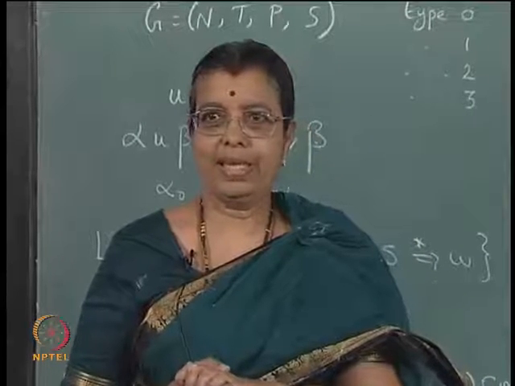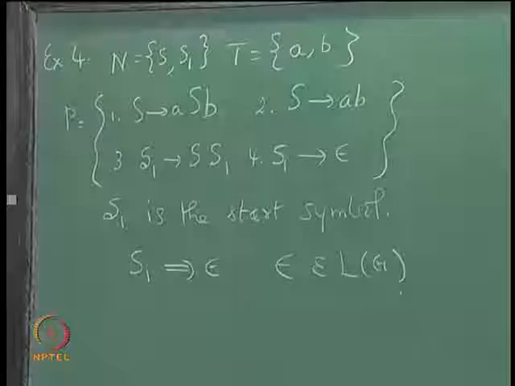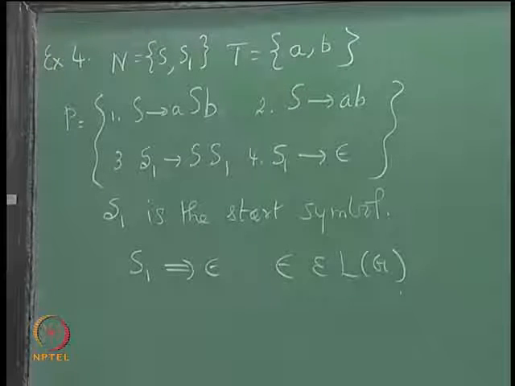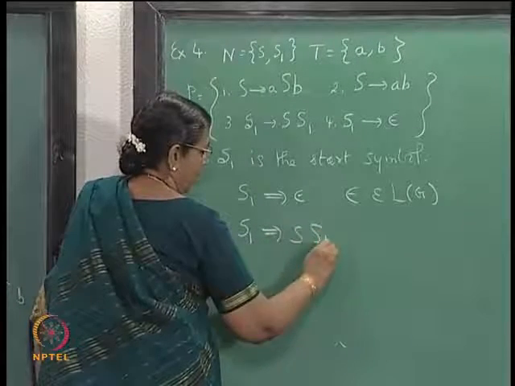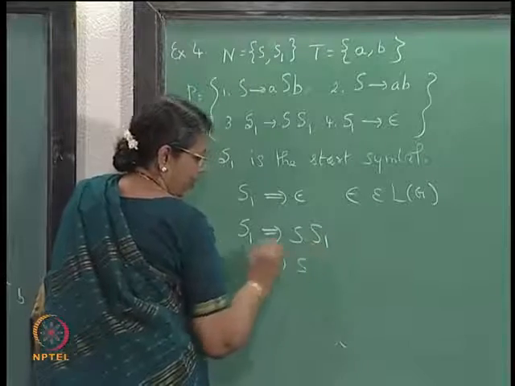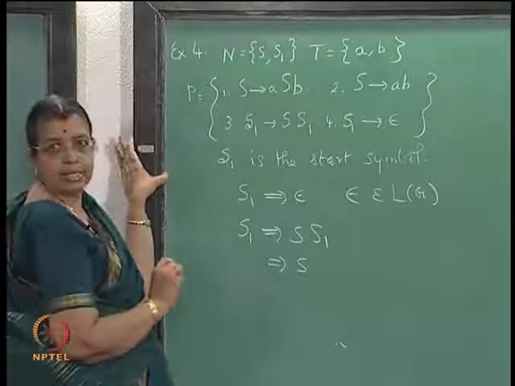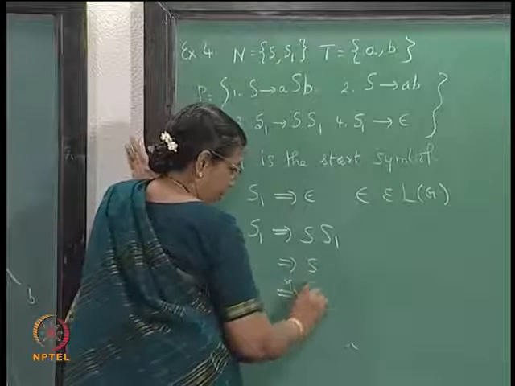Whereas in this example you find that epsilon is generated. Then I can use S1, replace this S1 by epsilon, so you get S. Then from this S you can generate A power n, B power n.